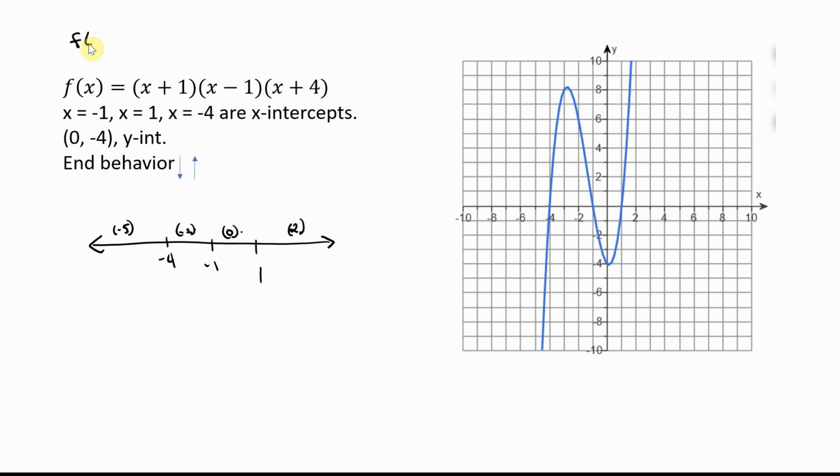So here, for f of -5, just plug that in. And so here I get -5 plus 1 is -4. And then I get -5 minus 1 is -6. And then -5 plus 4 is -1. All I'm interested in is the sign.